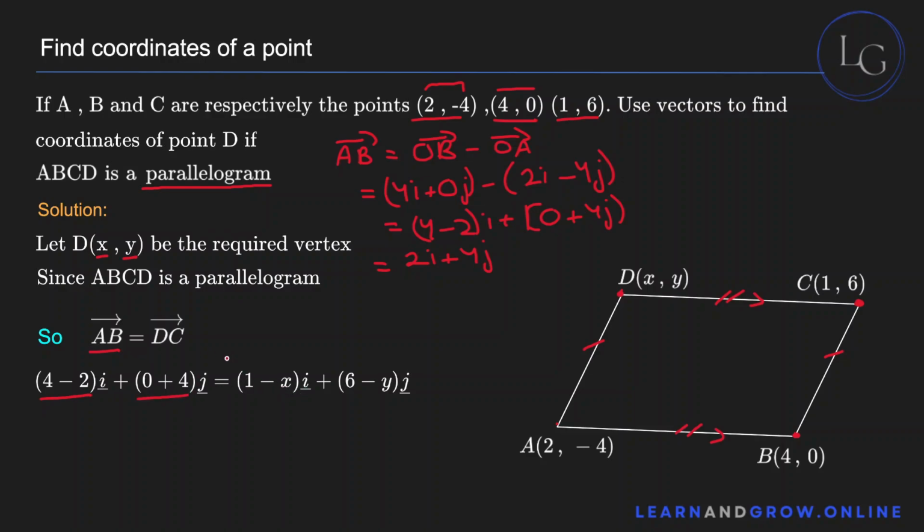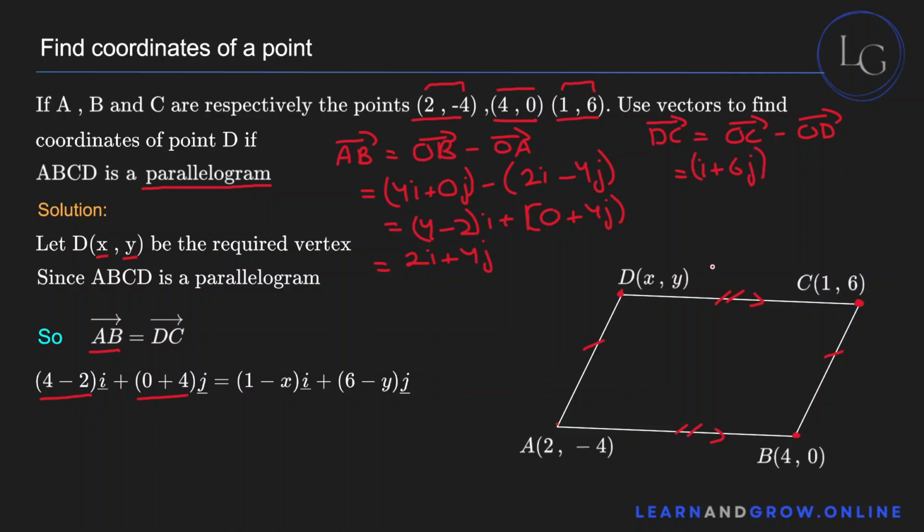Now we need to find DC. We know that DC is equal to OC minus OD. Now we already know what OC is. It's this, 1 and 6. So i plus 6j.